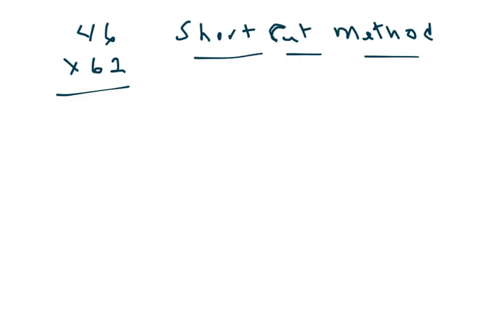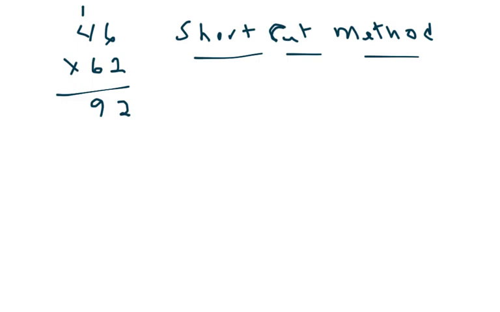2 times 6 is 12, but we just write down the 2 and carry over the 10, because that was 12. So rather than writing the 12 down, I'm going to put it up here. Because then 2 times 4 is 8, plus 1 is 9.